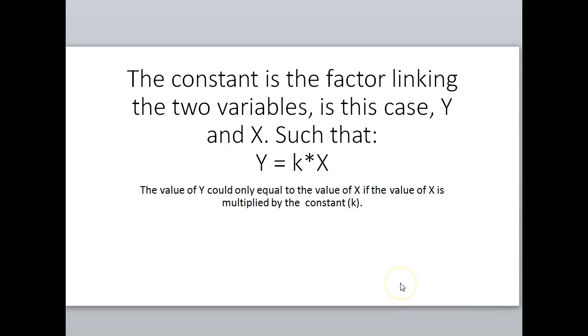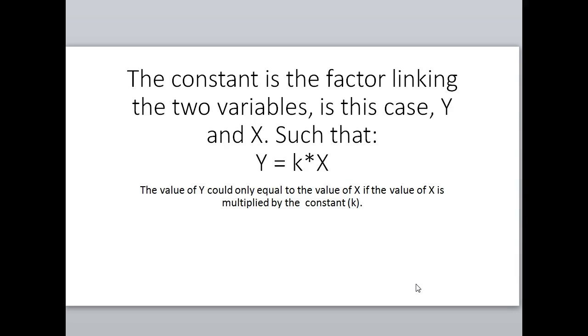The constant is the factor linking two variables. In this case you have y and x, so that y is equal to the constant multiplied by x. And incidentally, it could also have been x is equal to some constant multiplied by y.